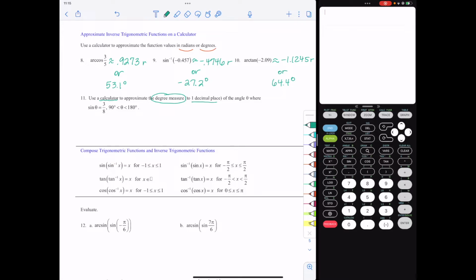We know that this can also be written as theta equals the sine inverse of 3/8. So let's go ahead and do that in our calculator. So theta is approximately 22 degrees.